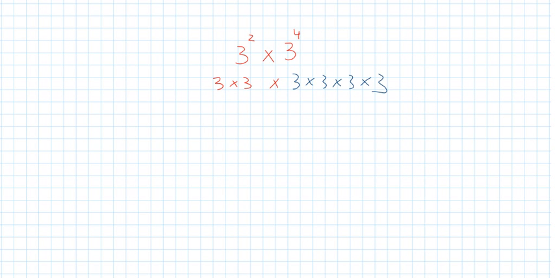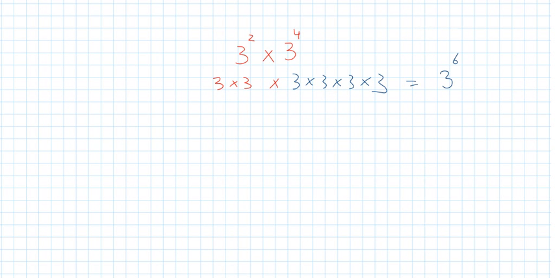So in this case, how many times am I multiplying 3 by itself? 6 times: 1, 2, 3, 4, 5, 6. So that's the same thing as writing 3 to the power of 6.